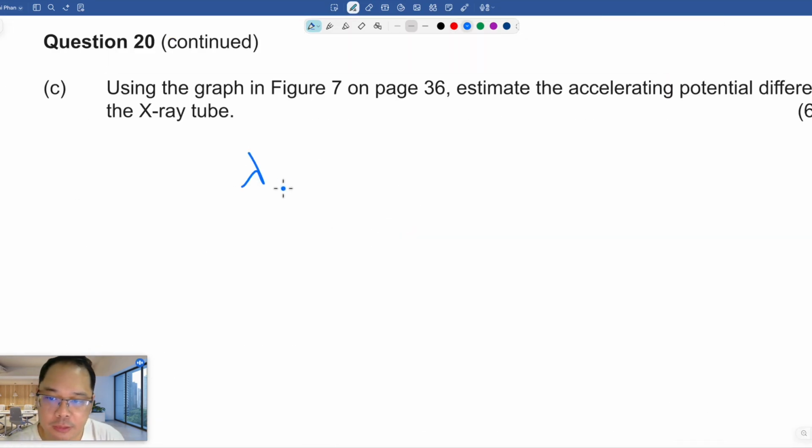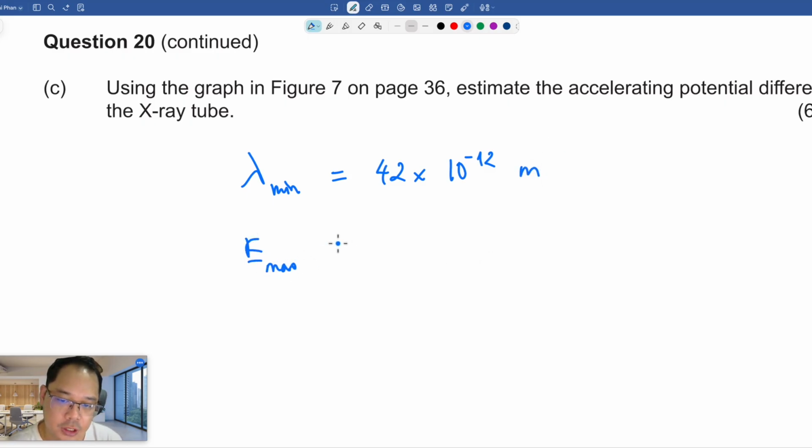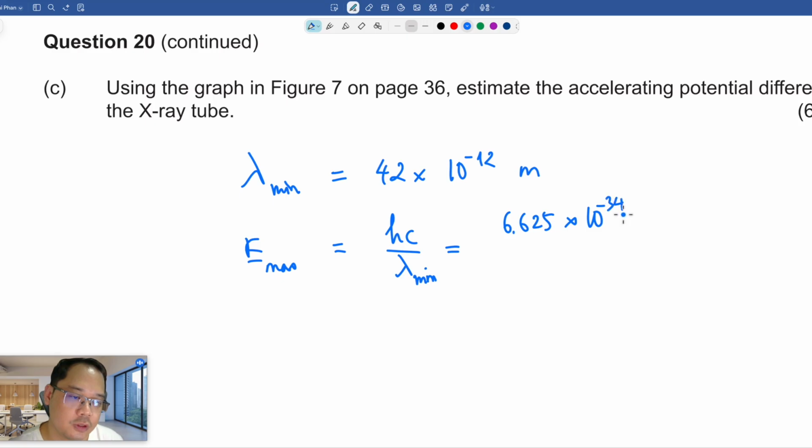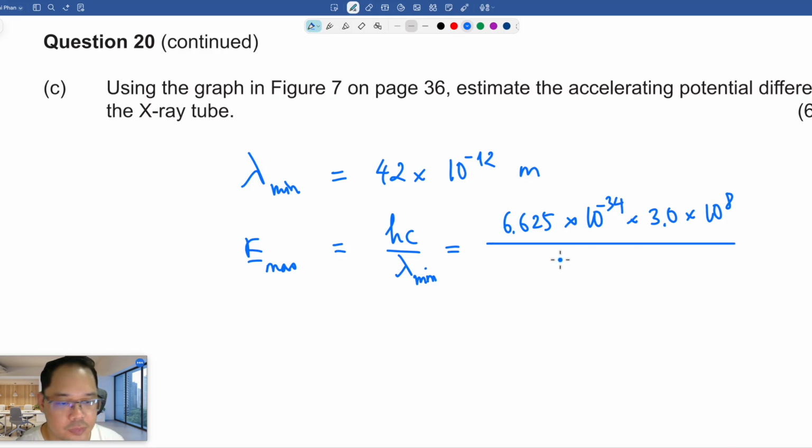We have the minimum wavelength, 42 times 10 to the power -12 meter. The maximum energy of the emitted photon is therefore hc over lambda. Let's substitute the values into this formula. h is 6.625 times 10 to the power -34, c, the speed of light, is 3 times 10 to the power 8, over the minimum wavelength, 42 times 10 to the power -12.